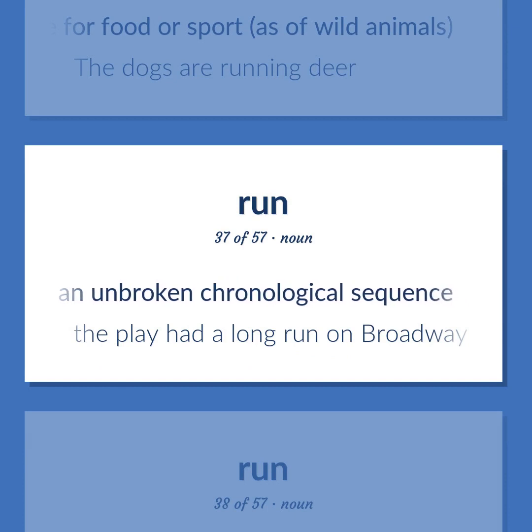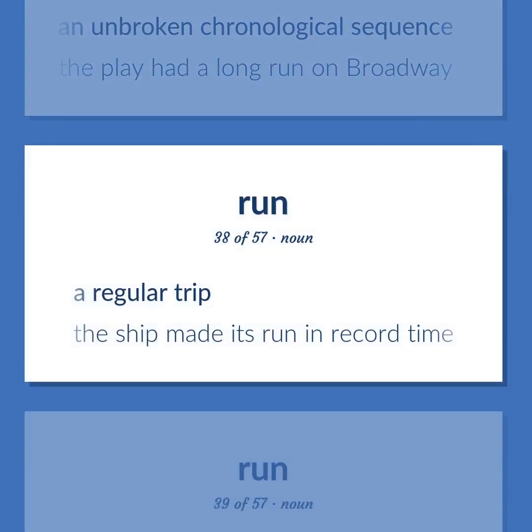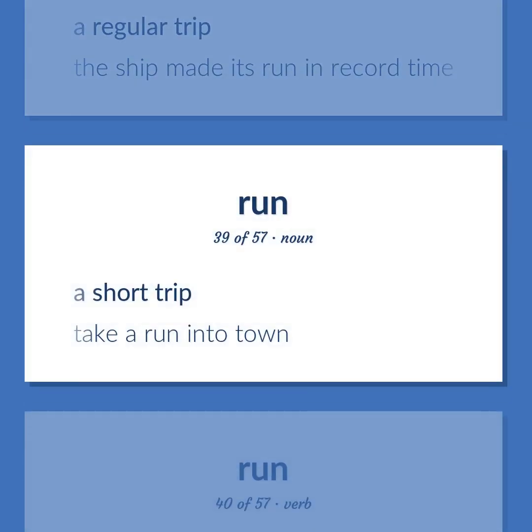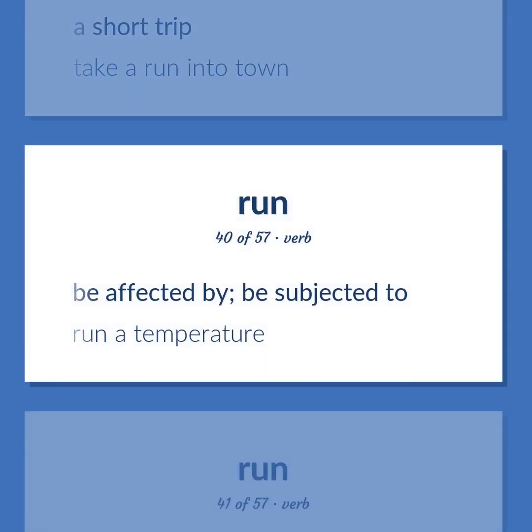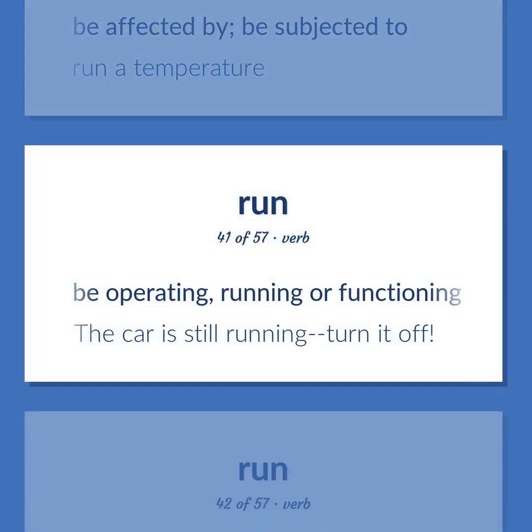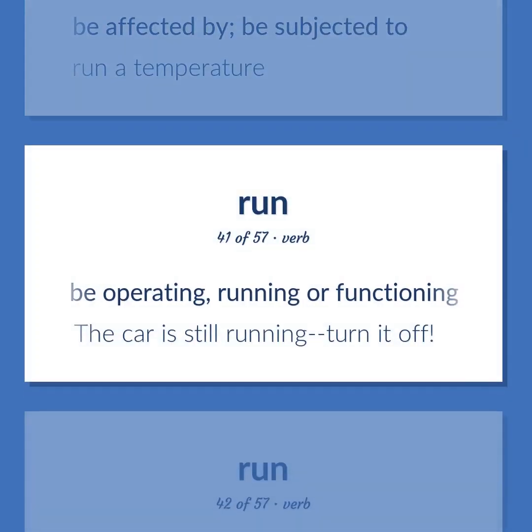The play had a long run on Broadway. A regular trip. The ship made its run in record time. A short trip. Take a run into town. Be affected by, be subjected to. Run at temperature. Be operating, running or functioning. The car is still running, turn it off.